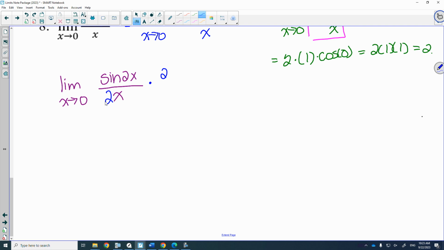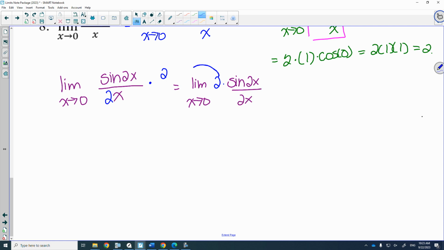Okay? What happens here is I'm just going to rewrite this as the limit as x approaches 0. This is 2 times the sine of 2x, or the double angle of sine, so I'm just going to put that 2 in front. And then I have the sine of 2x over 2x.